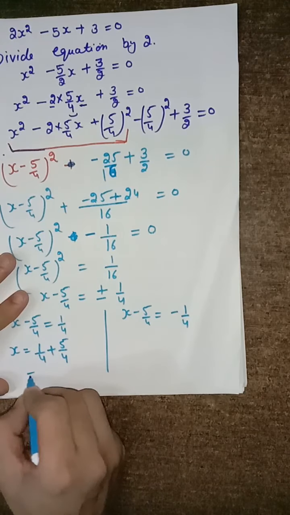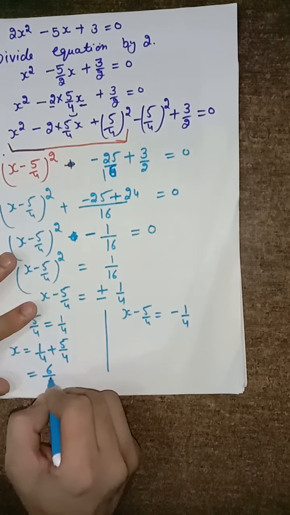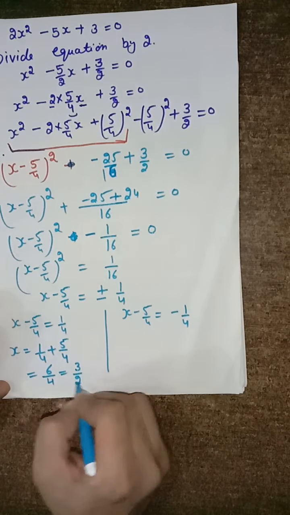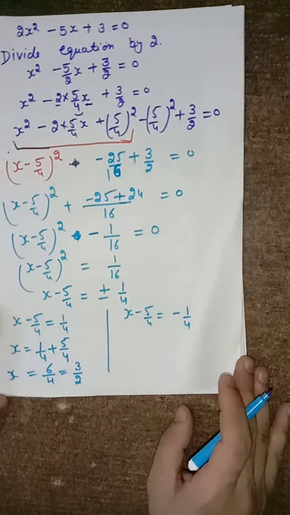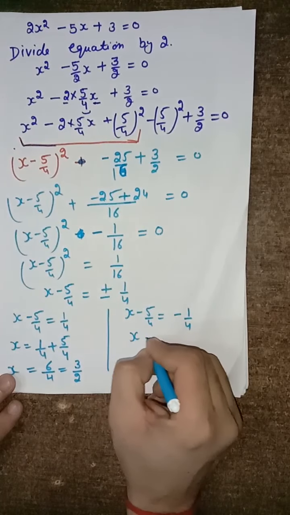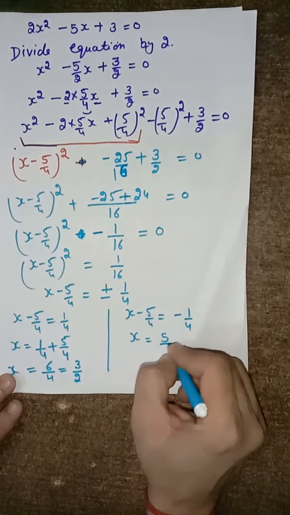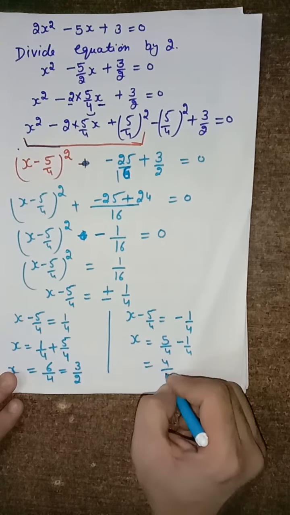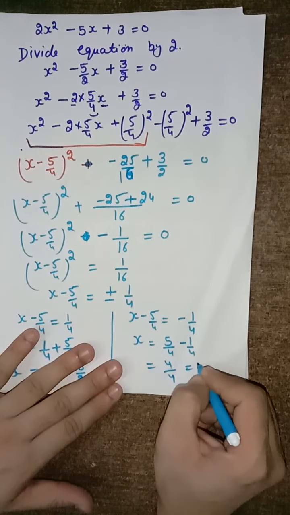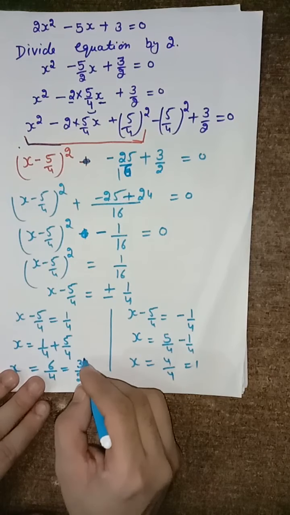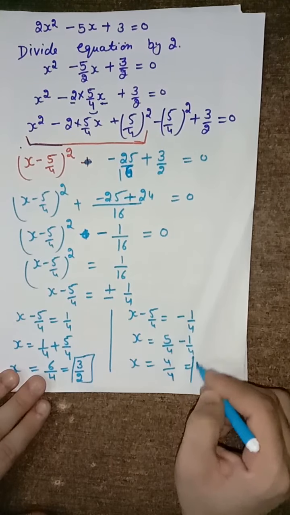LCM will be 4 and we will get the answer 6/4, which equals 3/2. Our first zero is 3/2. Solve the other: this will become positive 5/4 minus 1/4 equals 4/4, meaning 1, and the second root is 1. Our first root is 3/2 and second root is 1.